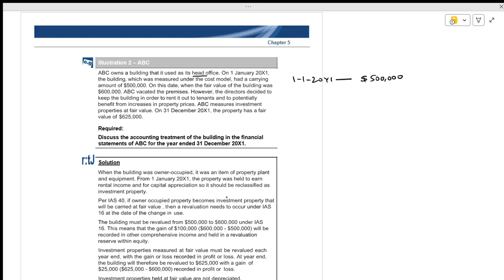On this date, the fair value of the building is how much? This is the carrying amount. Now, what is the fair value on 1/1/2001?